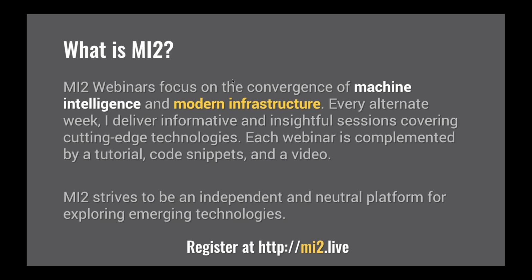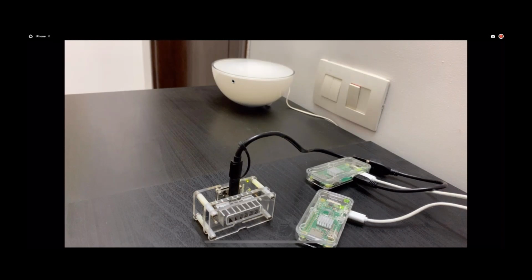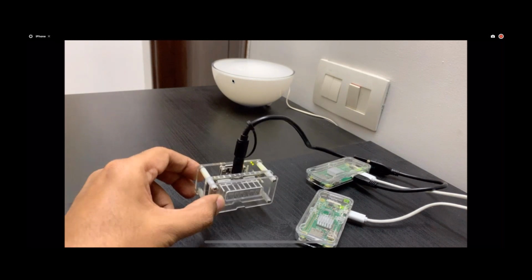So let's get started. Today's session is all about AWS IoT Greengrass, and I've been working on this for a couple of years, and I'm pretty excited to bring you the big picture of AWS IoT Greengrass. I have a very interesting demo. It's a live demo. I'm going to switch to my screen. If you see my camera feed, you notice that there are some devices.